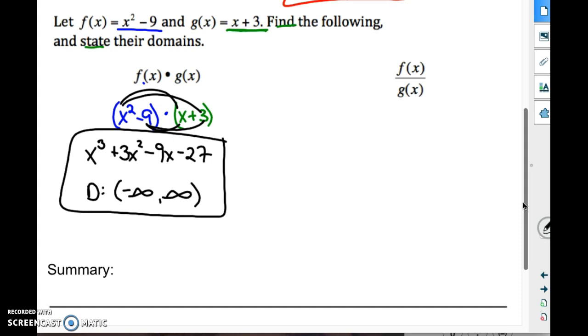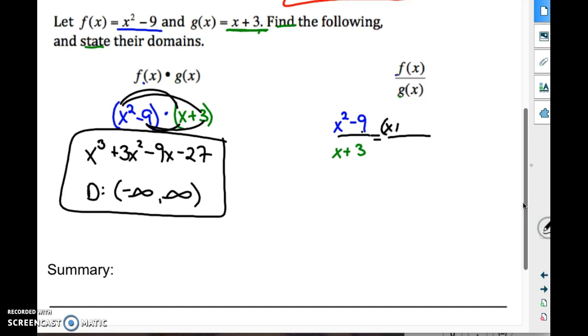And this final one is a division. So we'll probably have some restrictions on our domain. Our f for the numerator is x squared minus 9. The denominator, g, is x plus 3. And this time we can do some simplifying because the numerator factors. 9 is a perfect square and x squared is a perfect square.